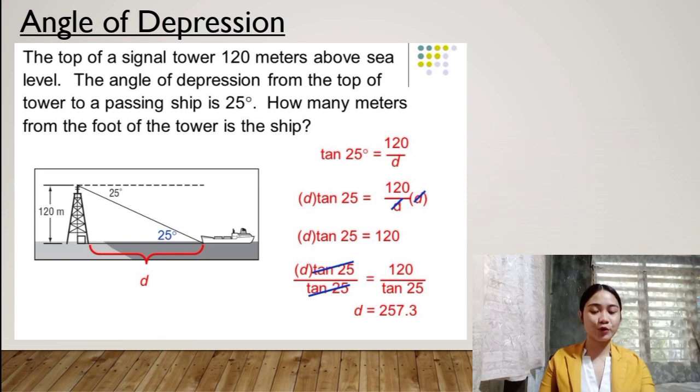Okay, here is the problem. The top of a signal tower is 120 meters above the sea level. Look at the picture. The angle of depression from the top of the tower to a passing ship is 25 degrees. So, how many meters from the foot of the tower is the ship?